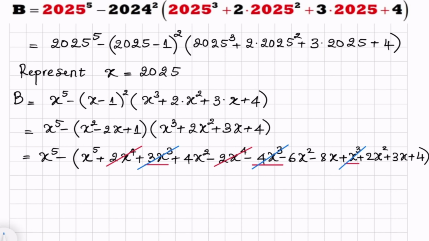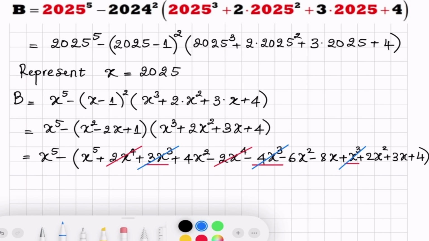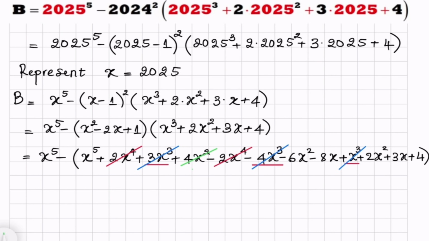And now we have to look at the x squared term, so here is 4x squared and then here is 2x squared, so that will be 6x squared. Then we can cancel out with minus 6x squared, so that is cancelled out. Okay, and now we got here minus 8x plus 3x, that will be minus 5x.